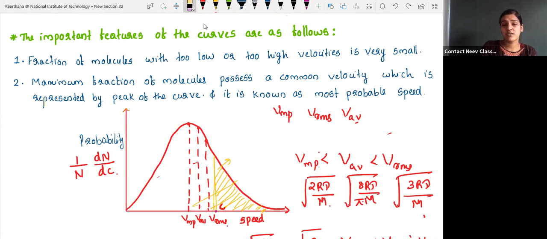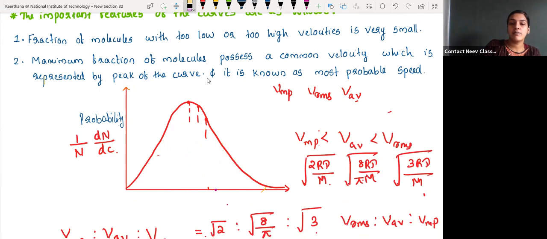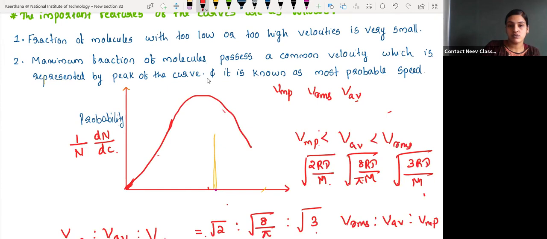You got my point? So the whole area will be equal to 1 since we took probability. You should draw this curve nicely.